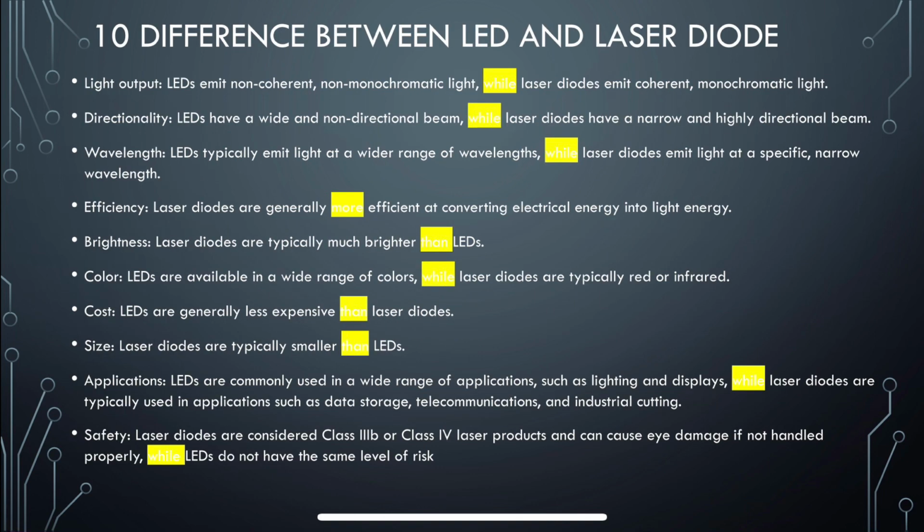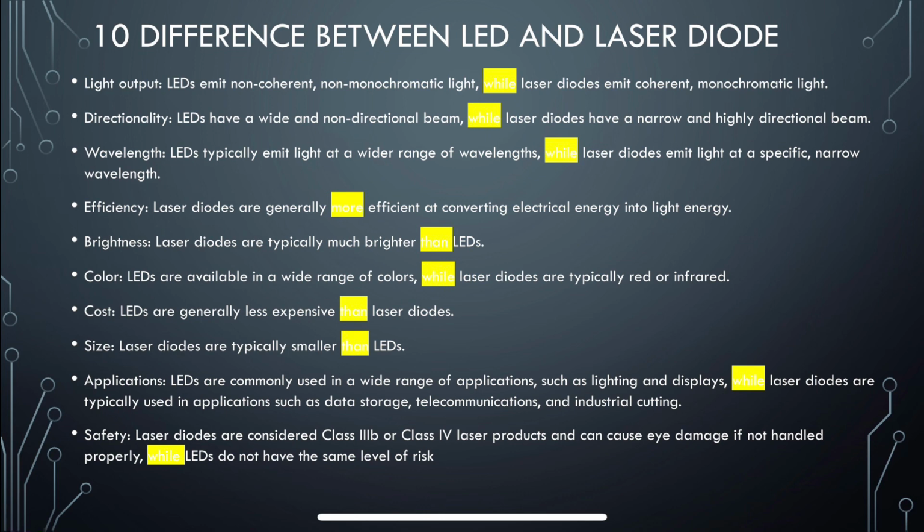Next, a few differences between LED and laser diode. First, light output. LED emits non-coherent, non-monochromatic light, while laser diode emits coherent monochromatic light. Directionality.